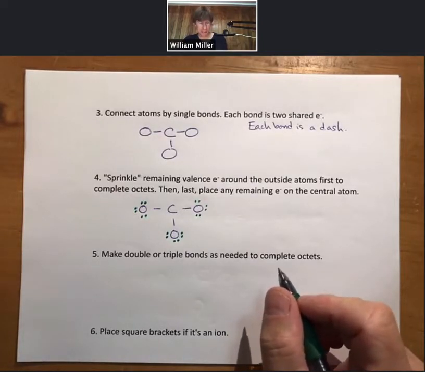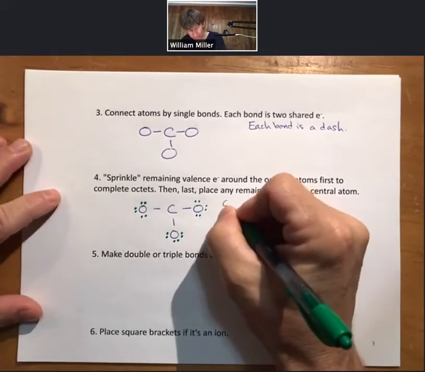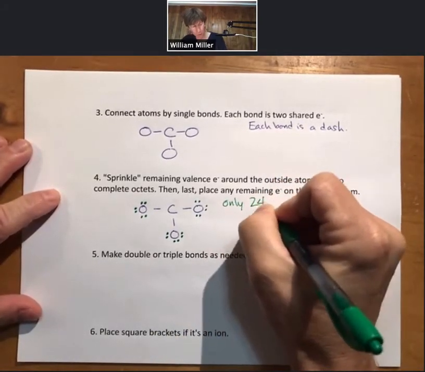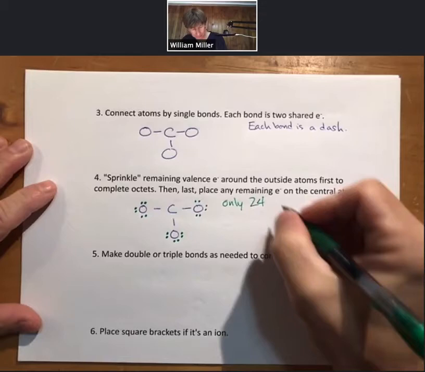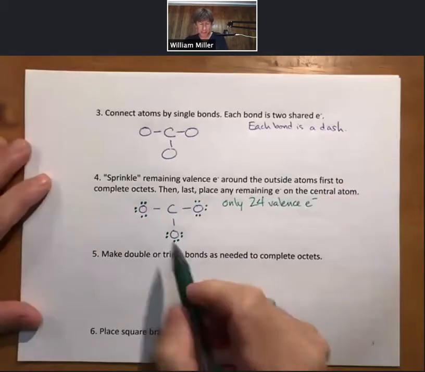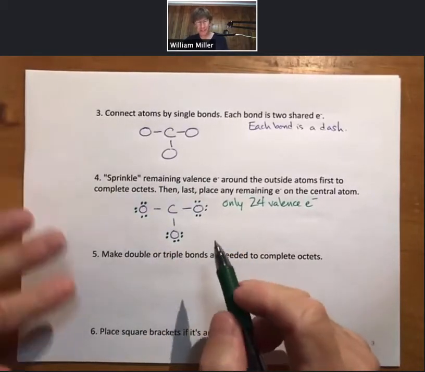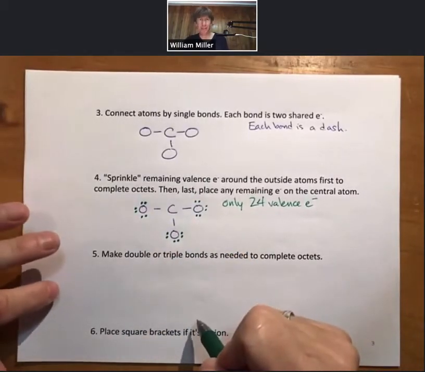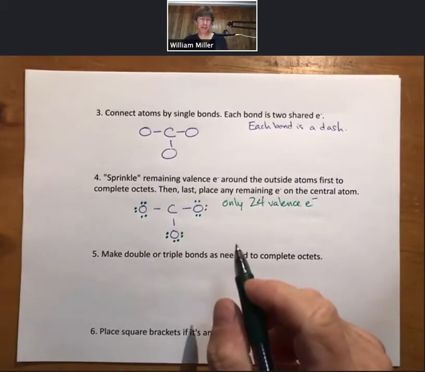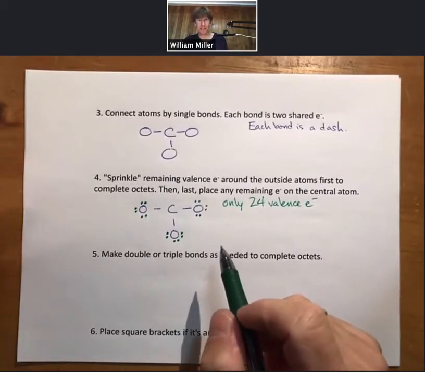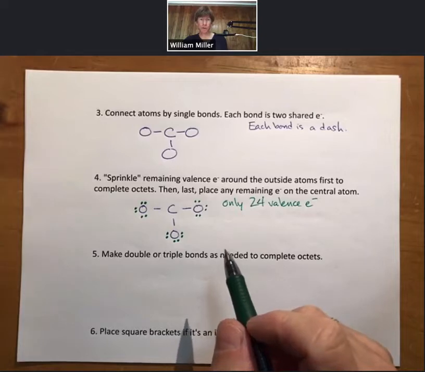electrons in the compound. So we have only 24 valence electrons. And what we can see is that carbon, the center atom, does not have an octet. That's okay. We have more steps here. We do want everybody to have an octet by the end because the octet rule rules.